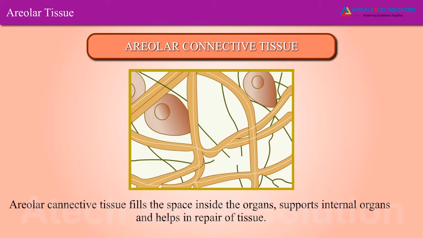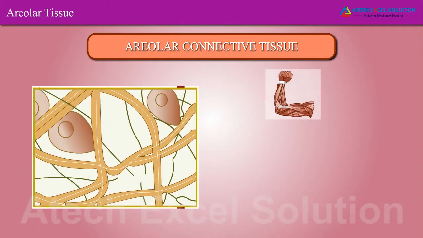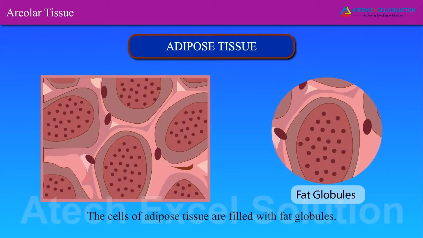Areolar connective tissue fills the space inside the organs, supports internal organs, and helps in repair of tissues. It is found between the skin and muscles, around blood vessels and nerves, and in the bone marrow. Adipose tissue is basically an accumulation of fat cells.